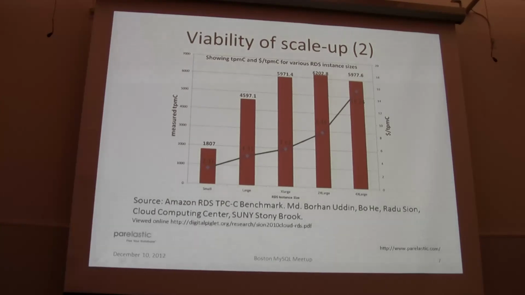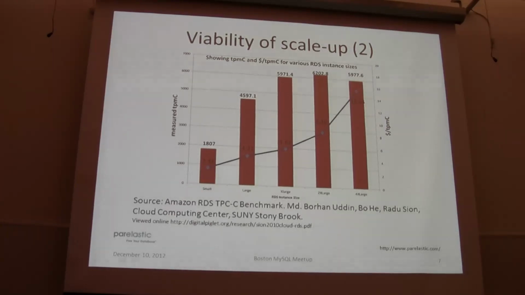In other words, you can get a bigger server, but it's not cost effective for you to get a large server. You really want to get the most optimal size server, distribute your workload across it, rather than keep going for the biggest server. So if you want to get one additional transaction, that's going to be the marginal cost on a 4x large. If you want to get one additional transaction, even though you're limited to 1,800, that's the cost.